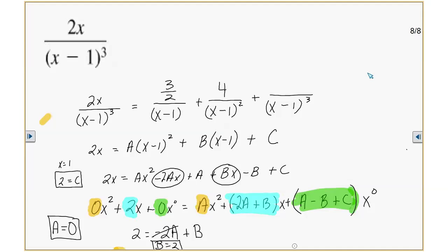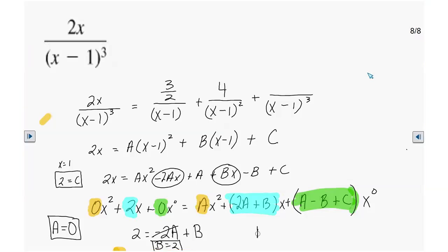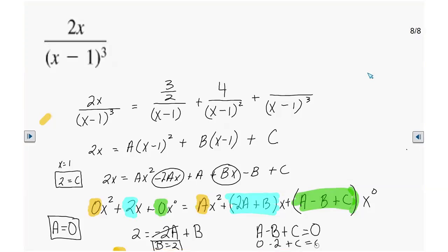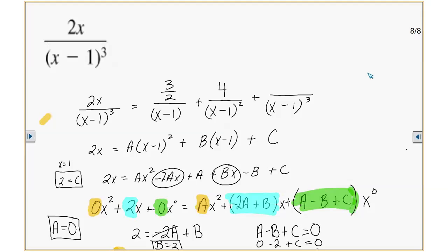Okay, so a minus b plus c is equal to 0, and a is 0 and b is 2, so 0 minus 2 plus c is equal to 0. Bring the minus 2 over, c is equal to 2.